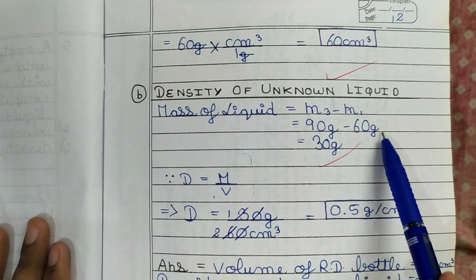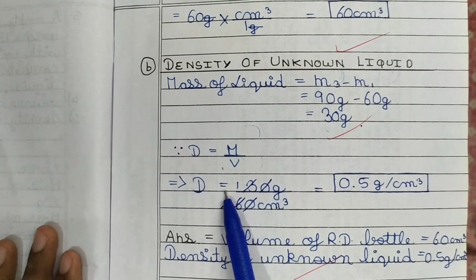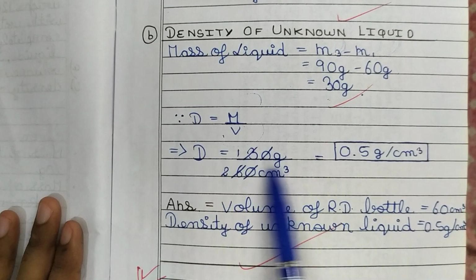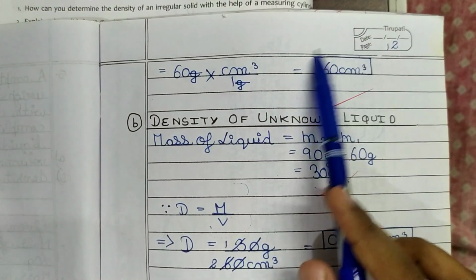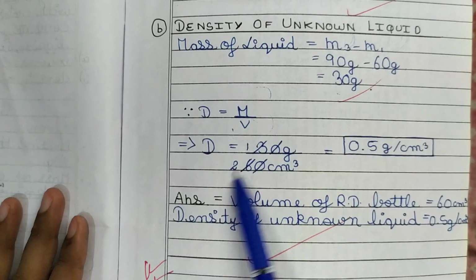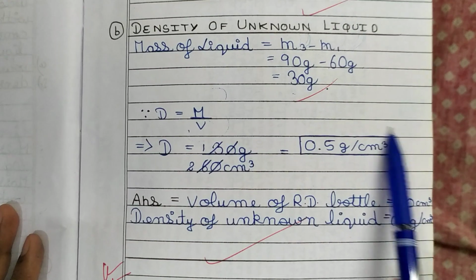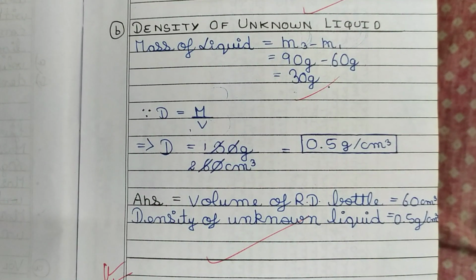So 90 gram minus 60 gram, 30 gram. The density of the unknown liquid is the mass of the unknown liquid upon the volume of the unknown liquid, which will be the same volume you found here. Whatever volume you found here will be the same for the liquid, that is 60 cubic centimeter. Now after solving you will get 0.5 gram per cubic centimeter.